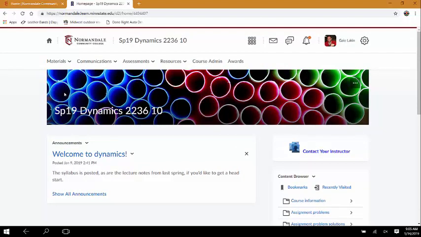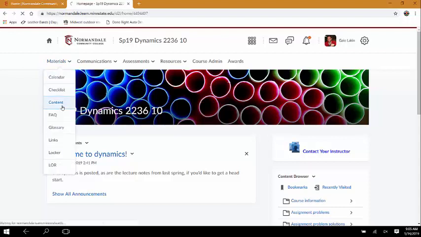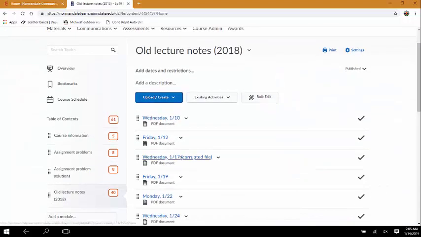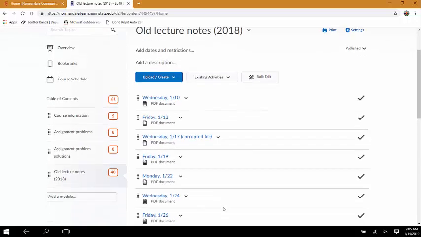All of the documents that you need for this class are going to be under materials, content. There are a few things already posted, including lecture notes from last semester. I'm going to be doing all my lectures on this tablet computer.